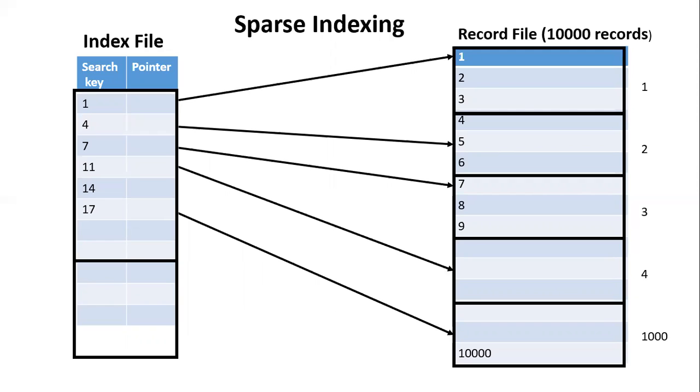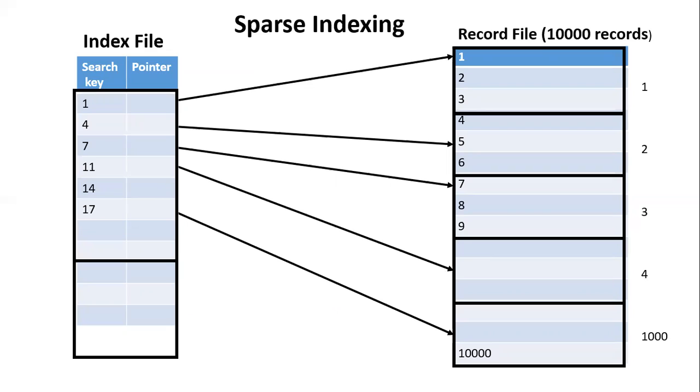A search key 1 is pointing to the record 1, and the next entry is 4 because it is pointing to the first record of block 2, which is the record having the entry 4. Okay.